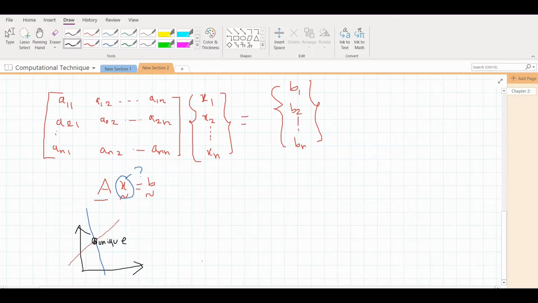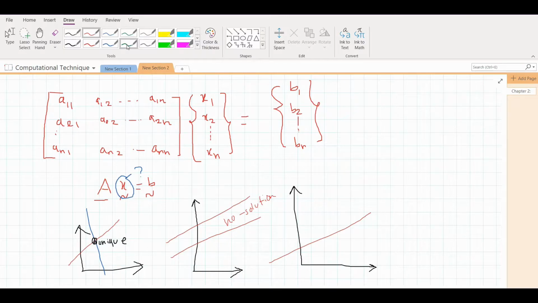And for other cases, like when you have two equations which are parallel to each other, then they will never intersect, which means there will be no solution. And then you can have two equations like this which overlap each other.